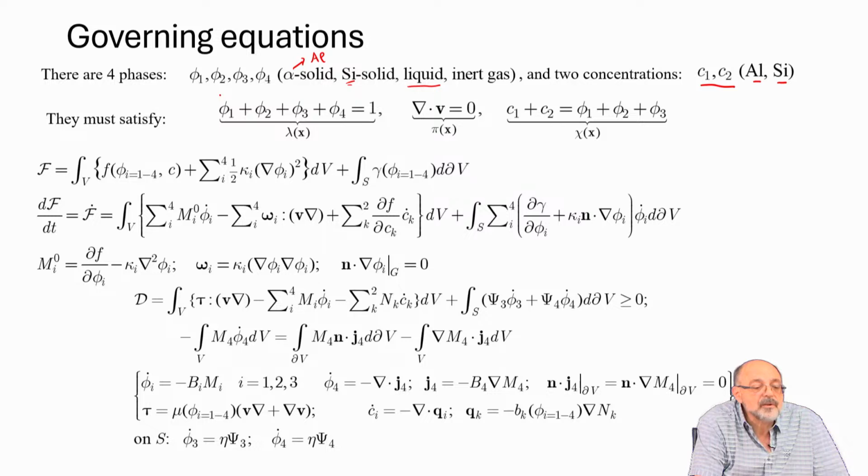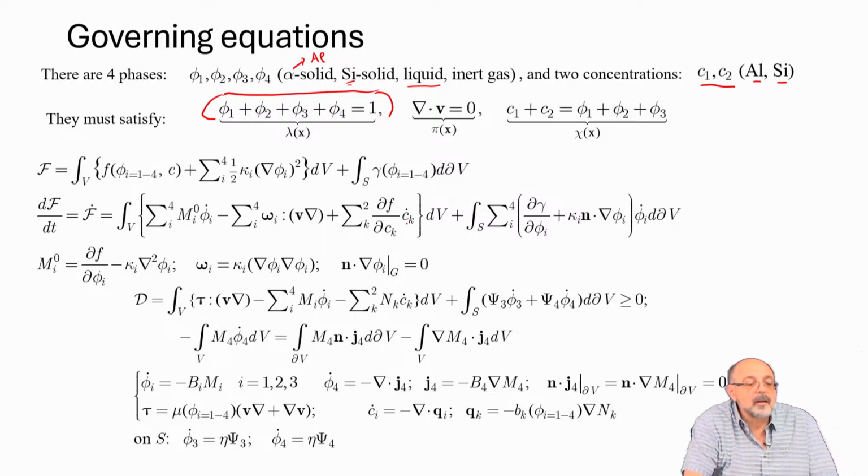All phase fields must satisfy this condition. That is, they cannot sum up to more than 1. I am only in one phase field or the other, or I have a mix of two, but that mix has to add to 1.